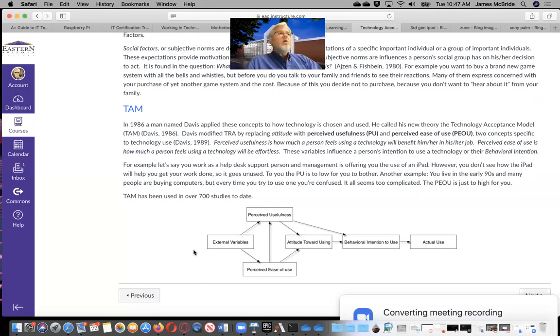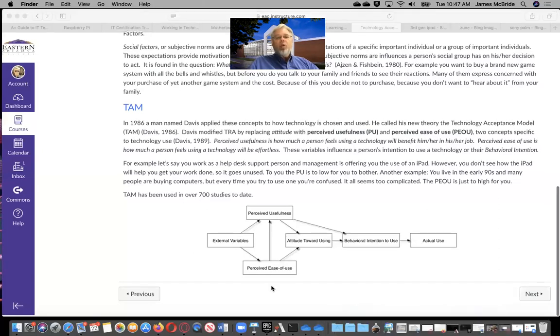We're going to spend millions of dollars on this project because we're a big company, so let's ask people first and find out if they think it's going to be easy for them and useful for them. You're just getting an idea of how they're thinking. If enough people say, yeah, I think those will be pretty useful, and I don't think they'll be too difficult to figure out, then you can spend the millions of dollars and know that a bunch of people are going to start using it immediately. You're not going to struggle with it.